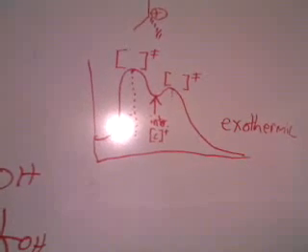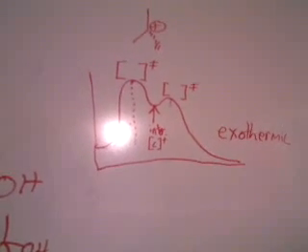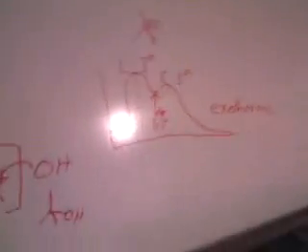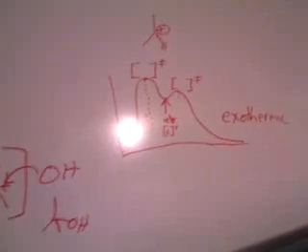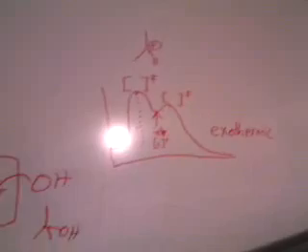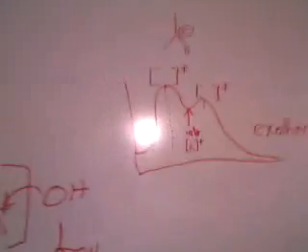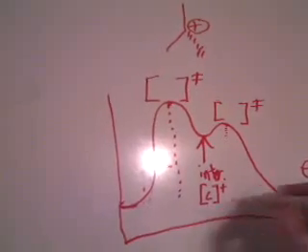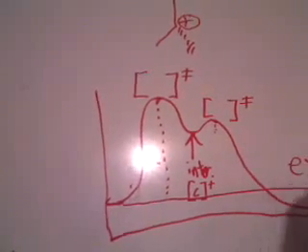Offhand, I think that should be about it. Be comfortable in case you have to draw one of these type of constructs. Know where the intermediates are, which one has intermediates, which ones have transition states. There's a hint, they both have transition states, and how to label them. For example, remember from here down to here, so we'll draw a line.